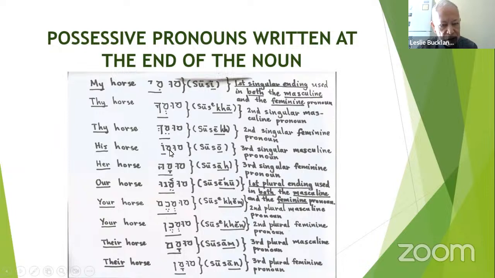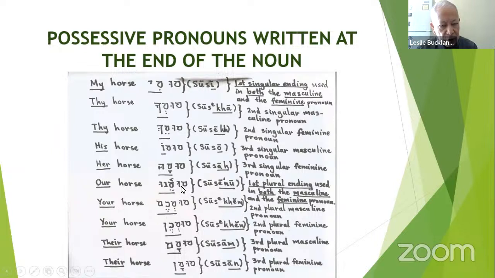Suso, sus is horse, but when you have the holem and the dot above, when you have the long holem, which is what this is, coming at the end of sus, it is his horse, suso, his horse. When you have kamets he with the mapik or dot in the center of he, coming at the end of sus, it's not just horse, but her horse, susa.